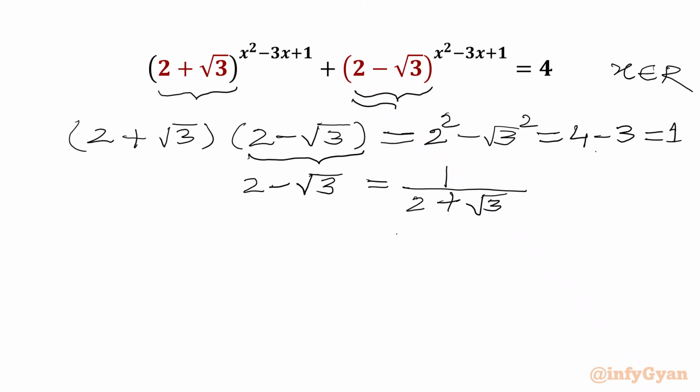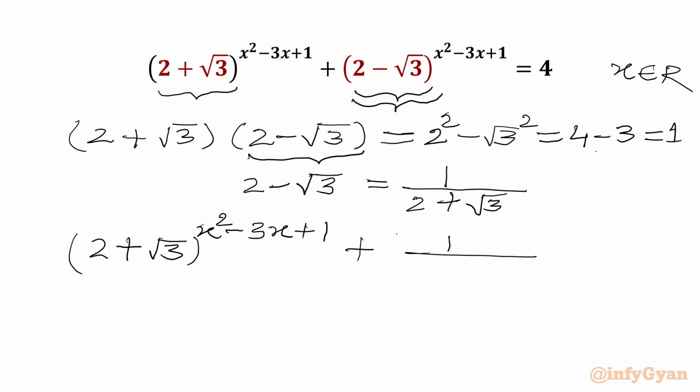So we will replace 2 minus square root 3 over here, and we can write equation 2 plus square root 3 with whole power x square minus 3x plus 1 plus 1 over 2 plus square root 3 with whole power x square minus 3x plus 1 will be equal to 4.